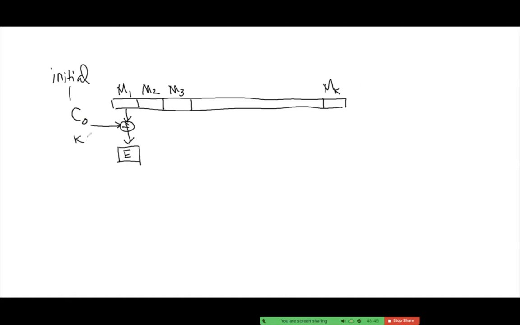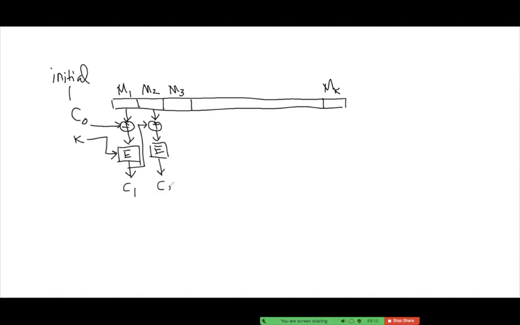So my key goes in here. That's C1, and then C1 will go XOR M2, and then I apply encryption on this result.